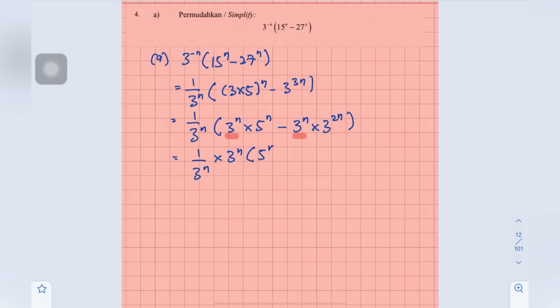So this is 5 power of n minus 3 power of 2n. Then we can eliminate, so it becomes 5 power of n minus 3 squared, which is 9 power of n.